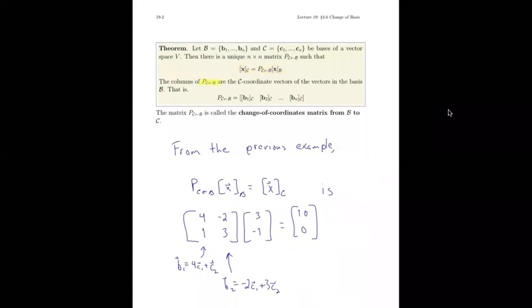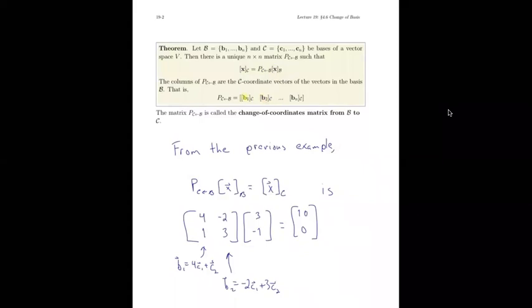So the columns of this P, C to B, or B to C transformation are the C coordinate vectors of the vectors in the basis B. Okay, so they are the representation of the B basis vectors in terms of C coordinates. And that's exactly what this notation is telling us here.